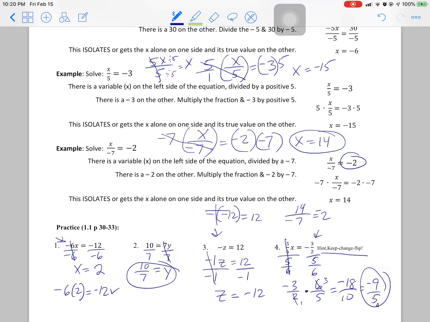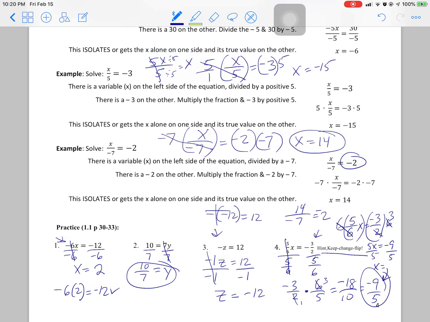Some people like to clear their fractions, so don't worry if you don't know what I'm talking about. But some people will sit here and go, you know what, the LCD is 6, so they're going to just multiply each side by 6 to start with. That makes it 5x equals -9, and then they divide by 5, and that gives you x equals that.